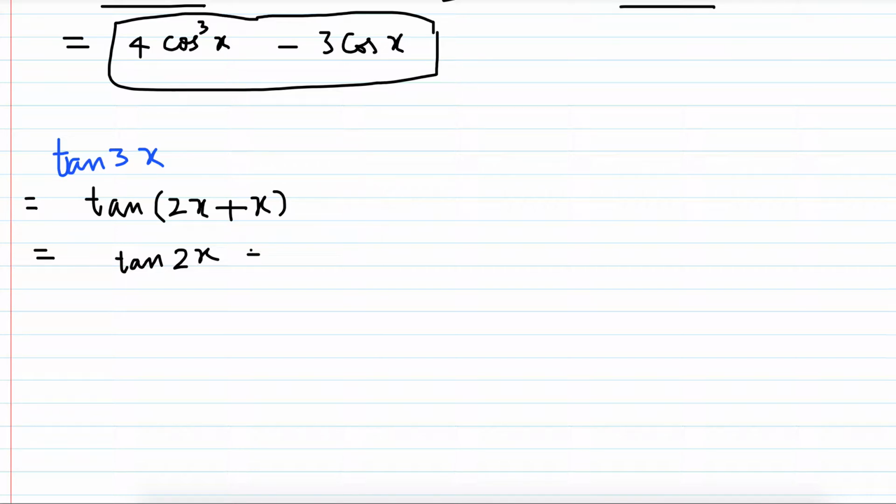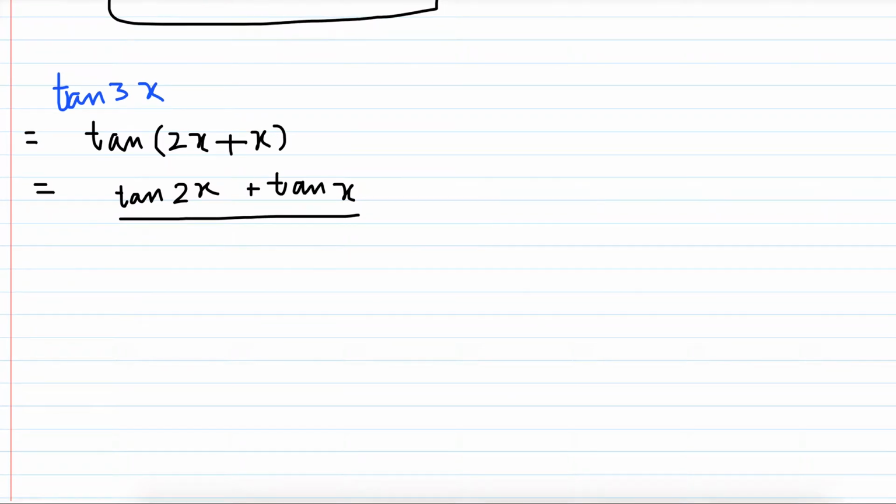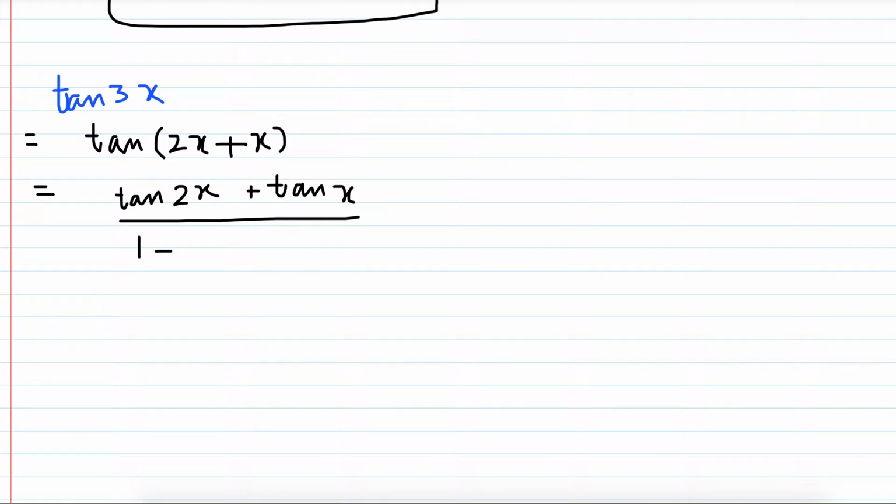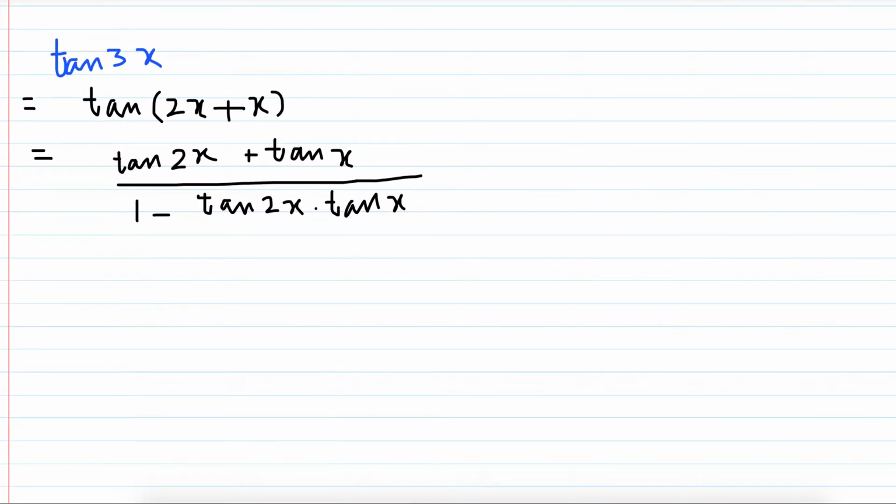Tan 2x plus tan x divided by 1 minus tan 2x and tan x. And then we can expand this tan 2x term.